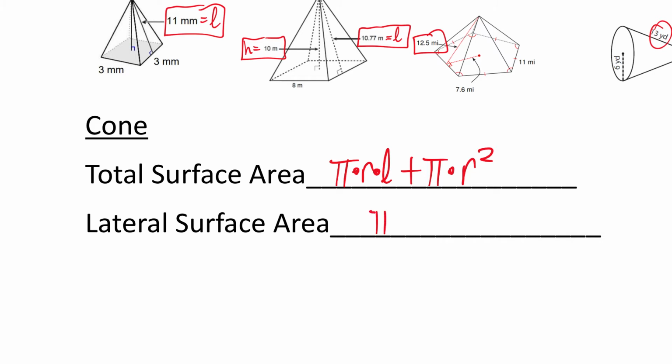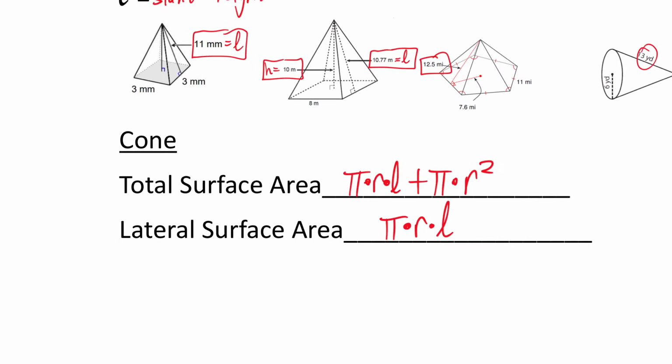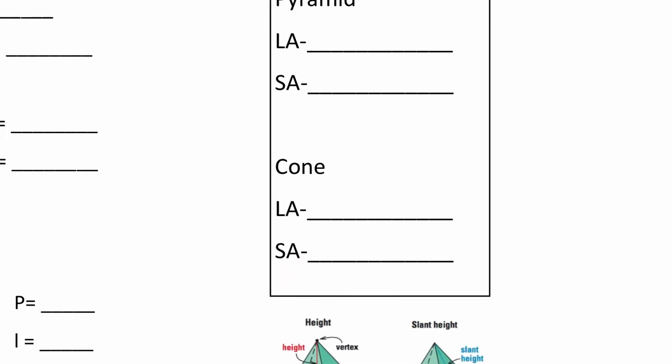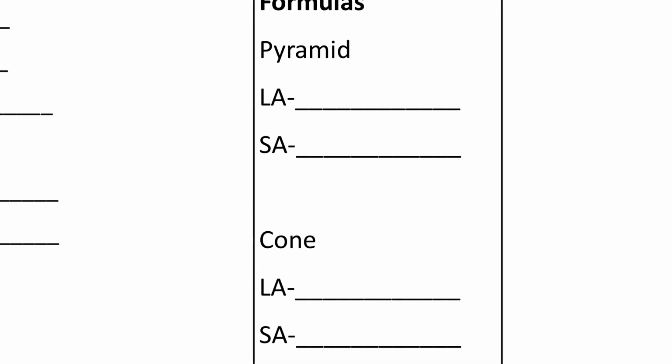Pi R L. All right, so let's write these formulas again. Lateral surface area of a pyramid is P times L divided by 2. Total surface area is P L divided by 2 plus B. Lateral of a cone is pi R L. Total is pi R L plus pi R squared.